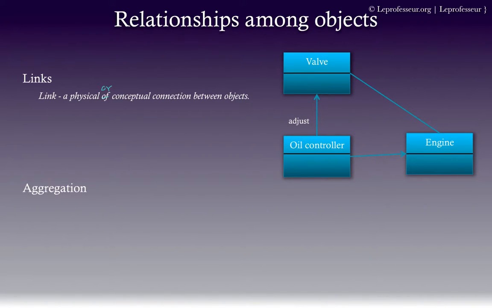Let's take another example of aggregation. The objects may link with each other via links or via aggregation. What is aggregation? It simply denotes a whole and part hierarchy, and the ability to navigate from the whole or aggregate to its part.